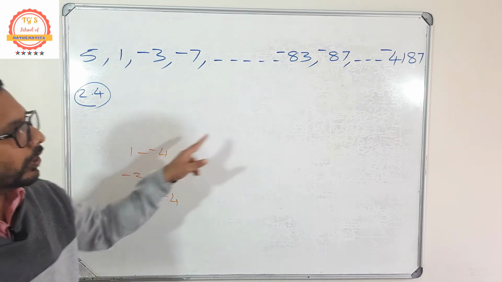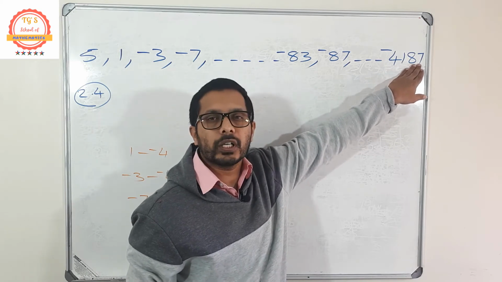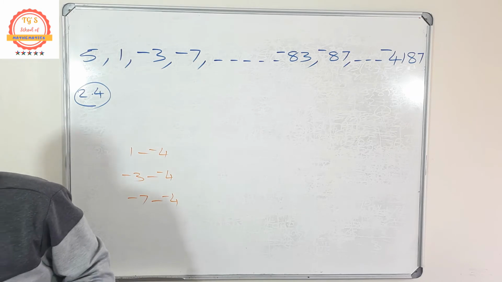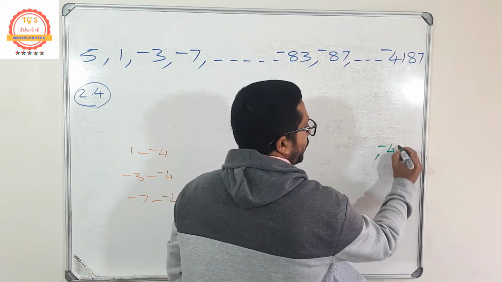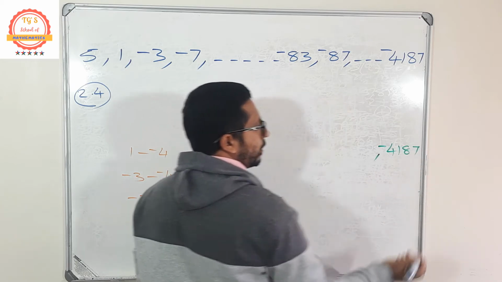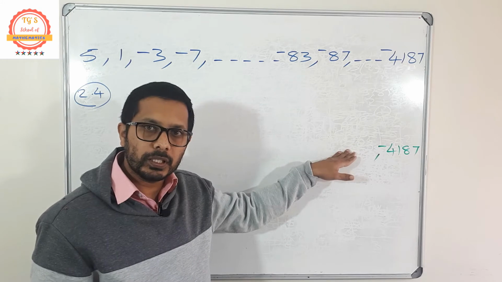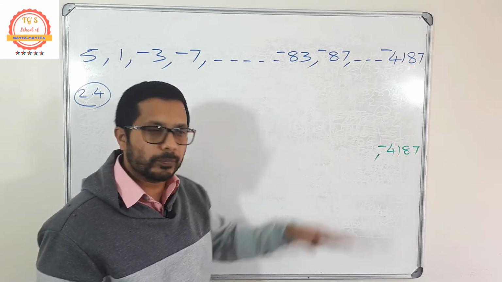Okay. Now look at this last term, minus 4187. Okay. There is no space there, so let me write it here. Last term is minus 4187. Can you say what is the term before this? I already told you. How can you find that one? How can you find the previous term?